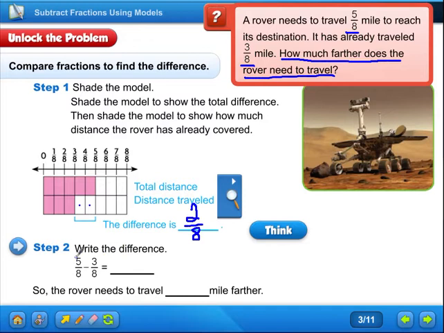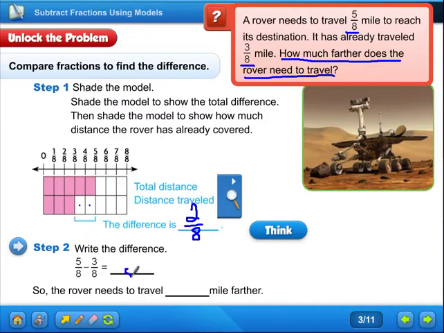Write the difference. So 5/8 minus 3/8 equals, if your bottoms are the same, I bet you're thinking of the song. If the bottoms are the same, subtract your tops. Yesterday, or in the lesson before, we did, if the bottoms are the same, add your tops. But today, if the bottoms are the same, you just subtract your tops.